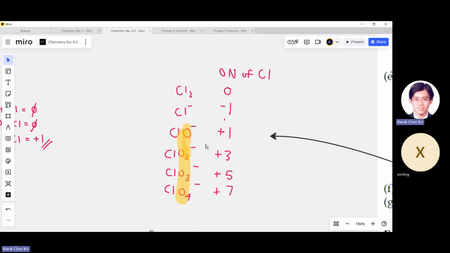It depends on what the exact ion is that it is combined with. Only chlorine has this unusual property. Just be careful if you see chlorine. It comes up quite a bit over the years.